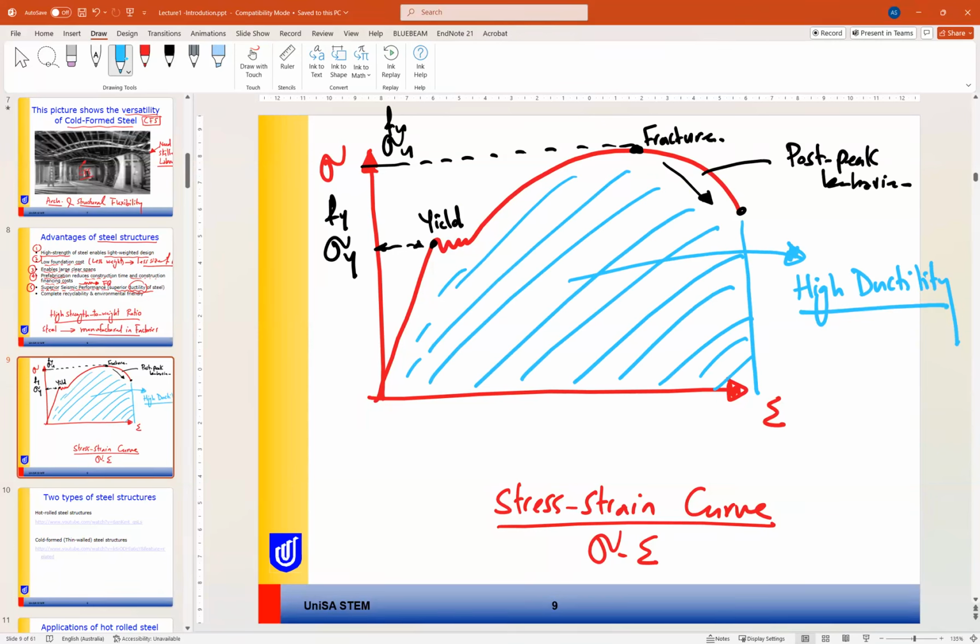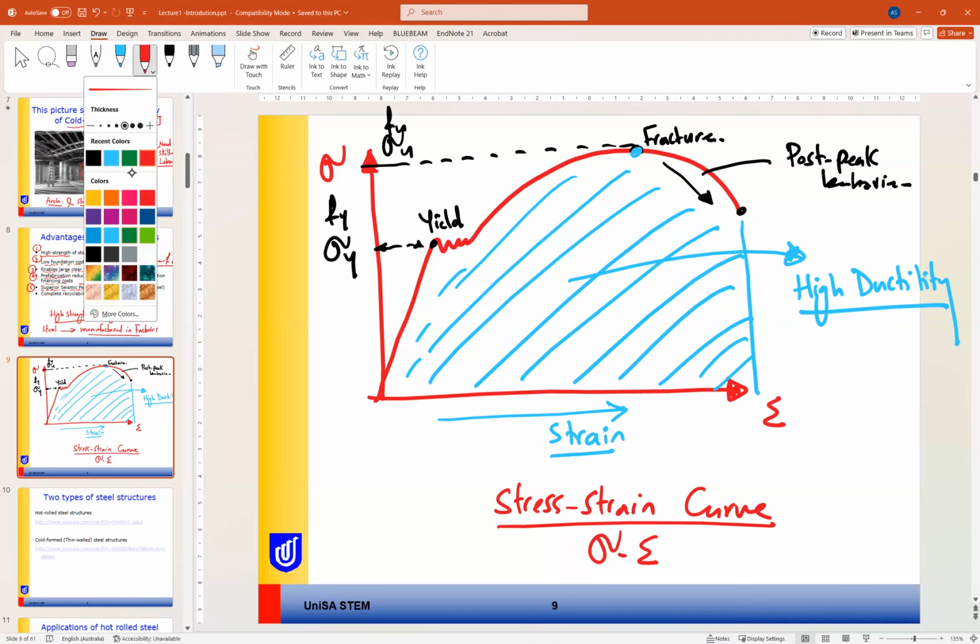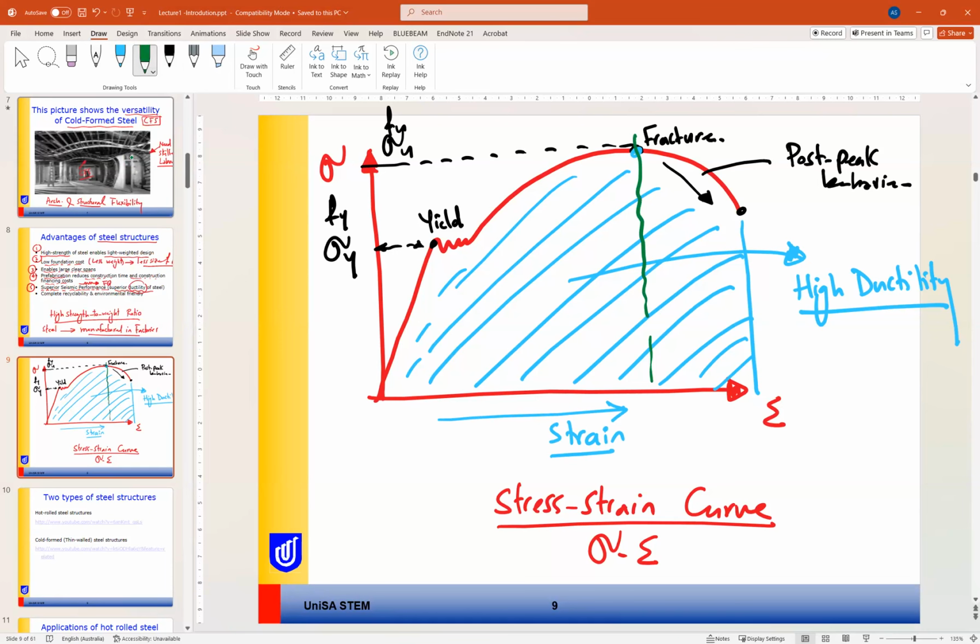So this means the steel under stress will elongate. All this strain will elongate enough before fracture or before failure. So up to here, the steel doesn't break. It will only start breaking gradually from this point, and the final failure will be here.